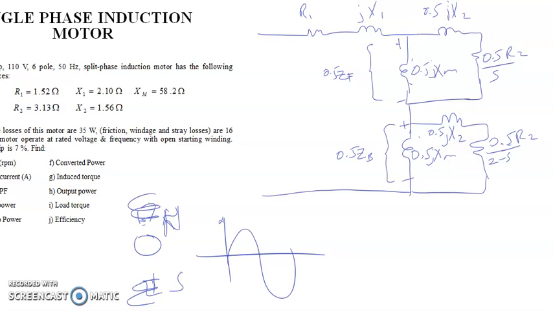When we have a positive cycle of the single phase voltage and current, this one becomes north, this one becomes south. When the circuit faces the negative cycle, this one becomes south, this one becomes north. This is so-called forward, and this is so-called backward or reverse of the system. So we split into two: this is for forward, this is for backward.